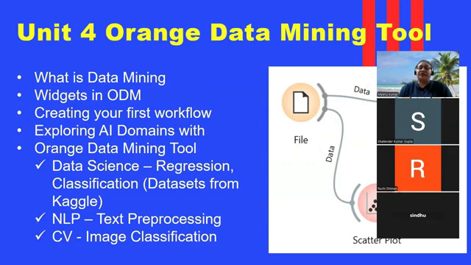Also, in computer vision, you will be doing the image classification. This is a beautiful method of doing image classification in Orange data mining. You just have to upload the main folder where you have all the images, and the rest of the work is done by Orange. So it becomes so simple for students. And as I told you, they would love working.